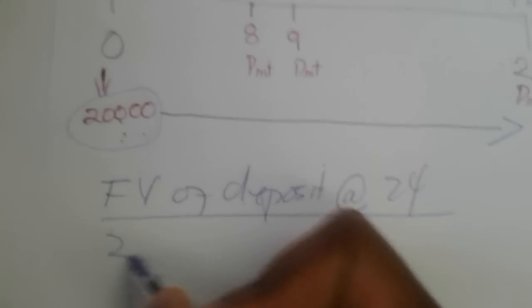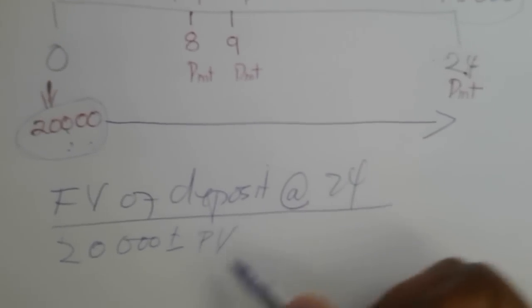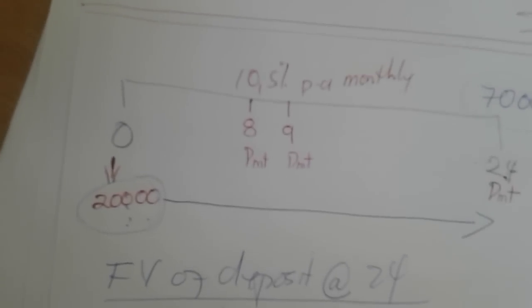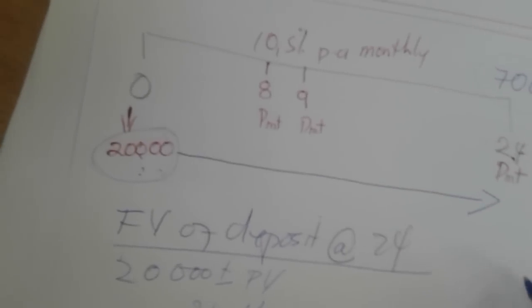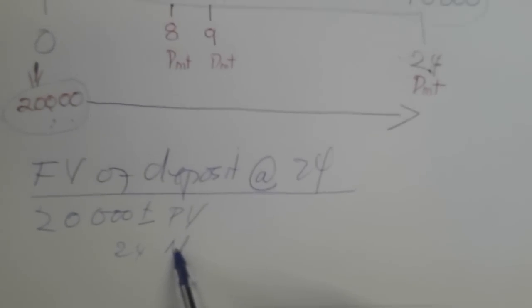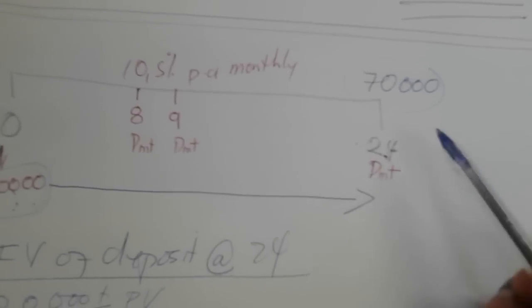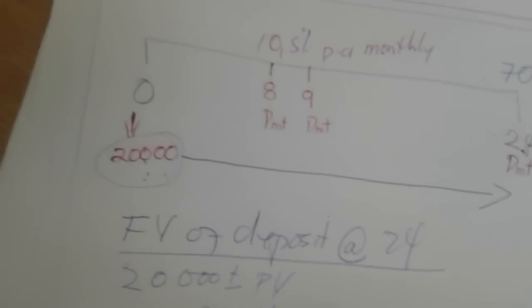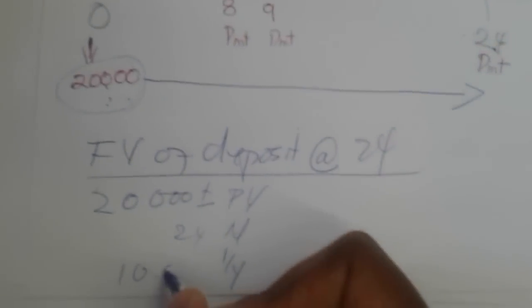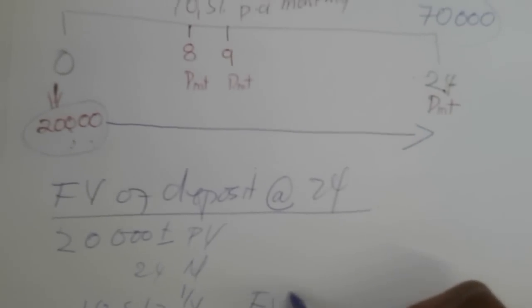So it will be 20,000 plus minus PV. Your N, of course, is 24 for 24 compounds. If it was compounded 2 monthly, your N will be 12. That's 24 divided by 2. If it's quarterly, your N will be 8. Okay, so your I is 10.5 divided by 12. So we're looking for FV.